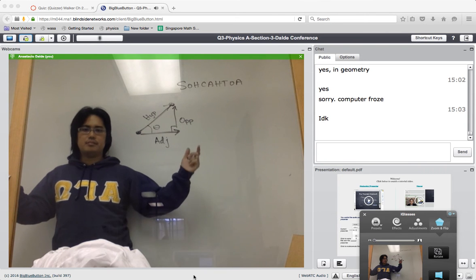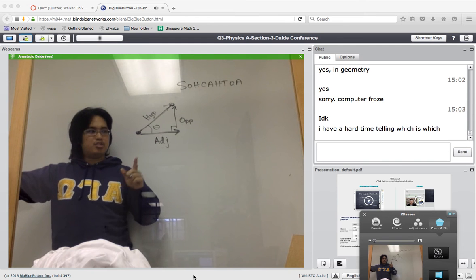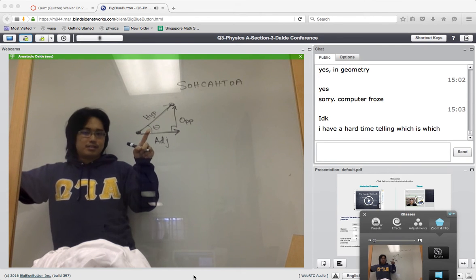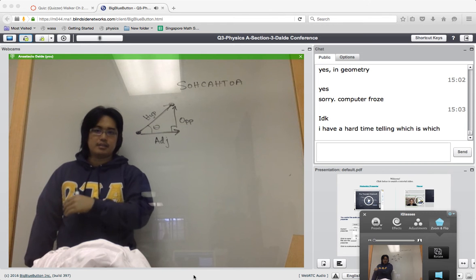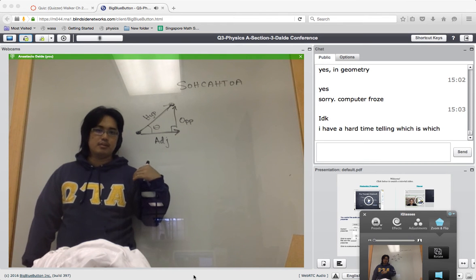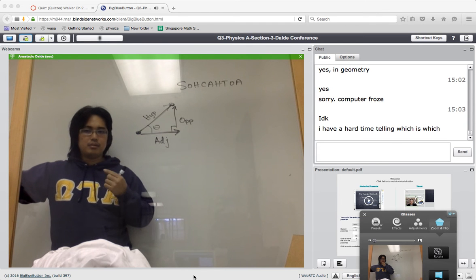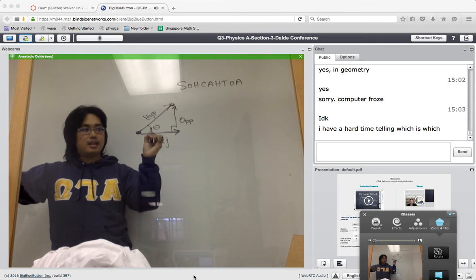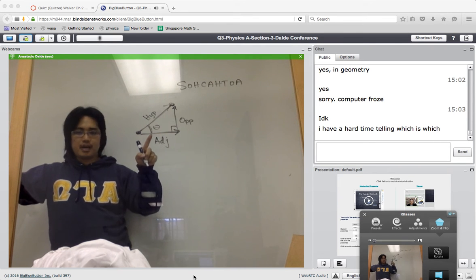It totally could be. The way you tell which is which is you look at the angle. Adjacent means right next to. So if someone's standing adjacent to you, they're standing right next to you on your left or right. They're touching shoulders with you. But if someone is standing opposite from you, maybe you're standing in a big circle, they're standing on the other side of the room. So if you look at the angle over here, theta, this side is opposite of that angle.